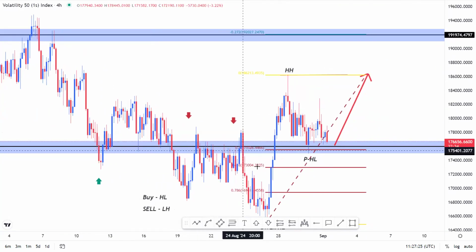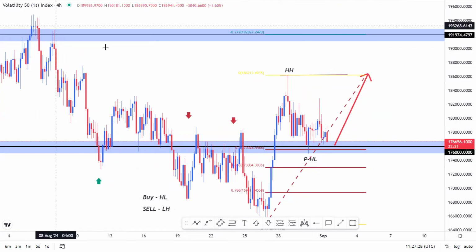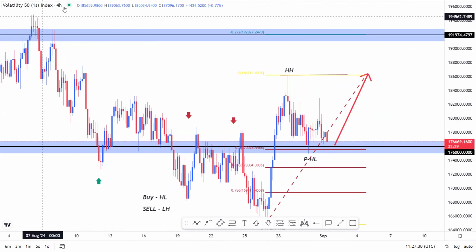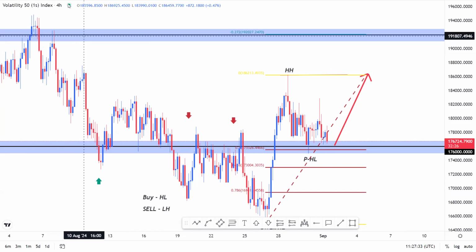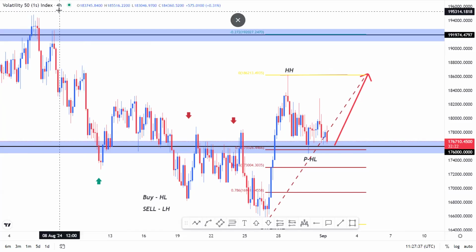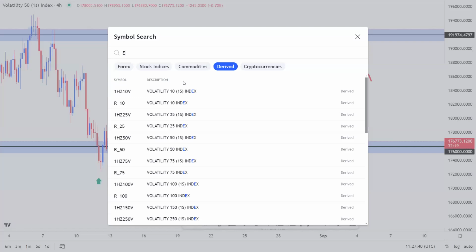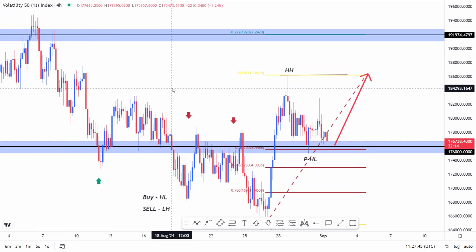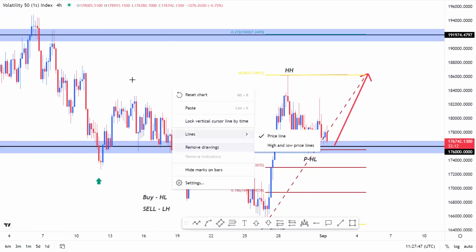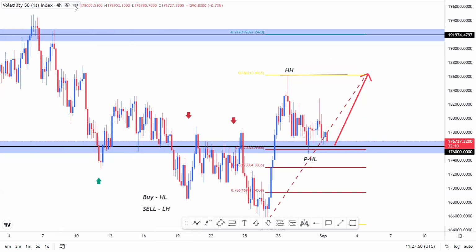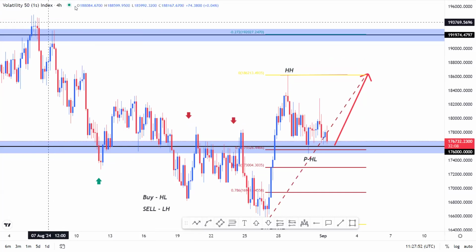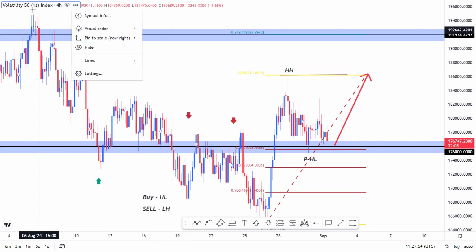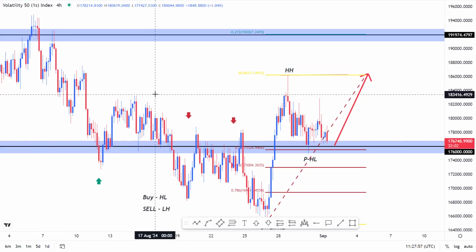And then lastly would be the fact that bringing in my 50 exponential moving average also. So I quickly want to get the 50 exponential moving average up here.